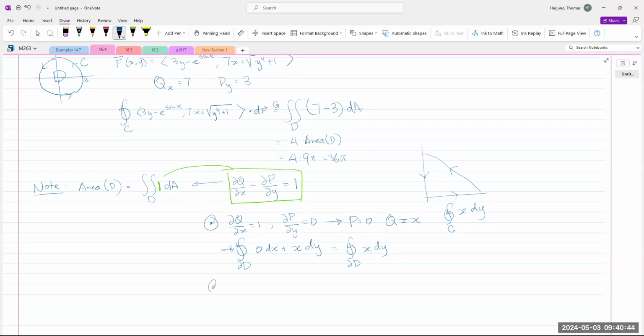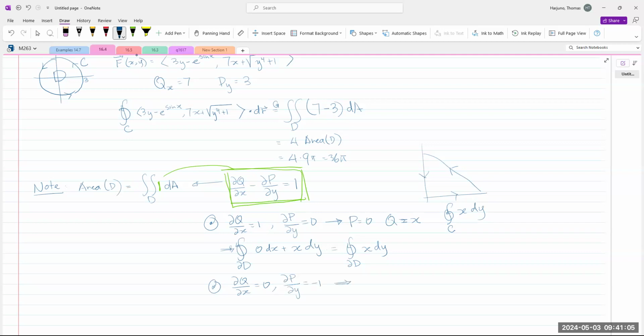Another way, of course, we can say, can I make ∂q/∂x to be 0, but my ∂p/∂y to be −1? Of course, that will work.